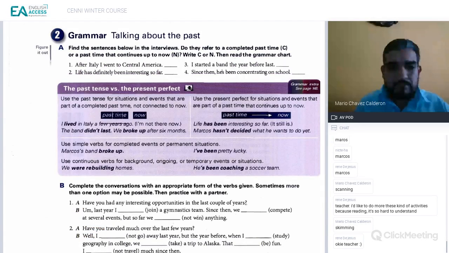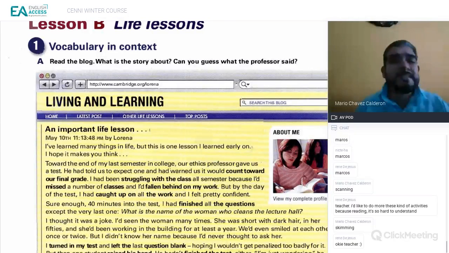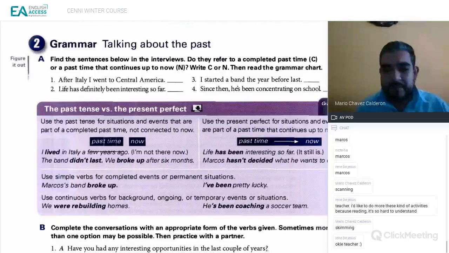It says, talking about the past. Let me make this bigger. It says, find the sentences below in the interviews. Do they refer to a completed past time or a past time that continues up to now?